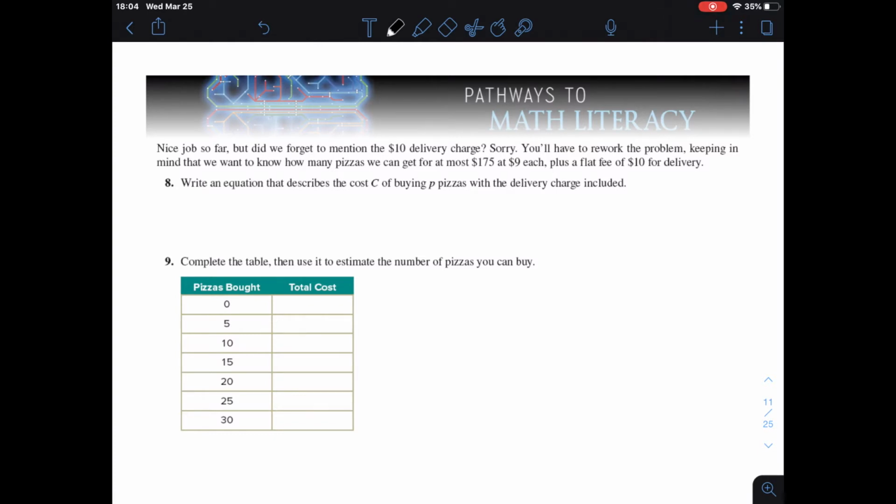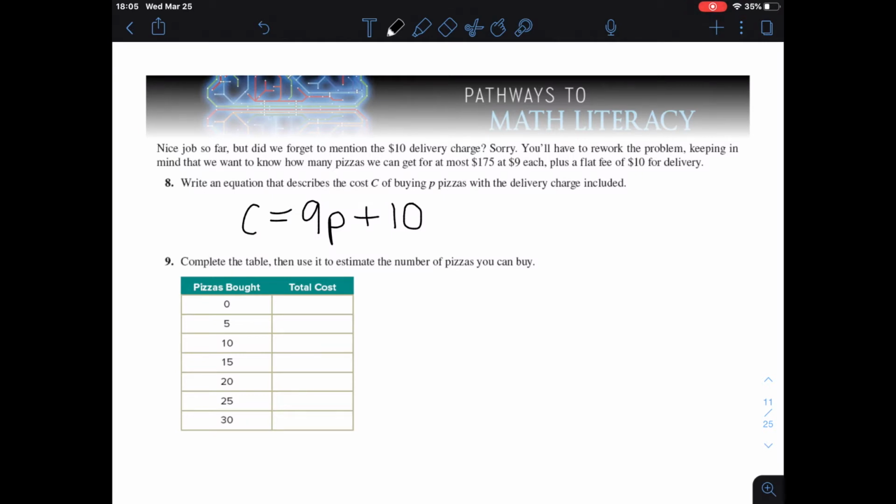So I still want to spend at most this $175, but now I got to figure out how many possible pizzas can I order. So if we want an equation now, my cost is still $9 times the number of pizzas, and then I have this flat fixed cost of $10. So I have to add 10 to it.